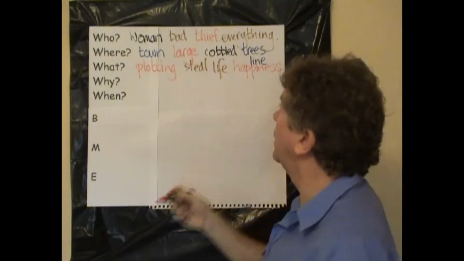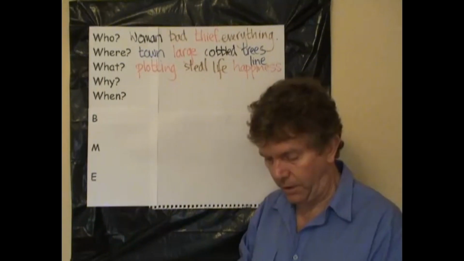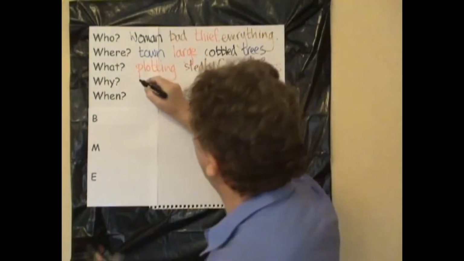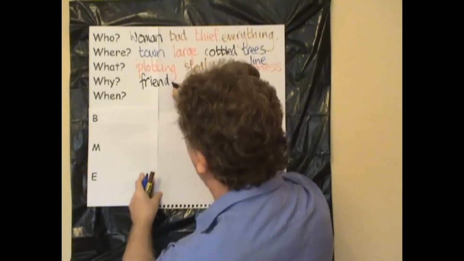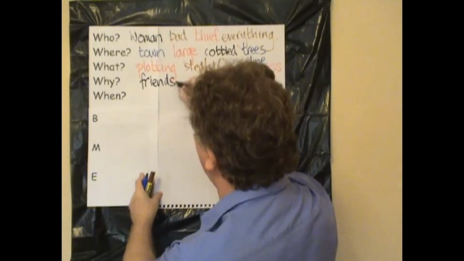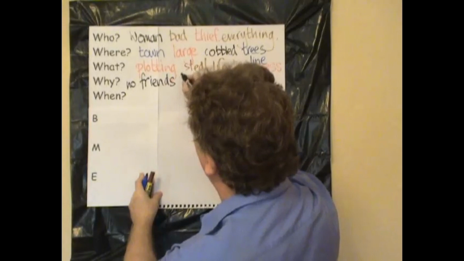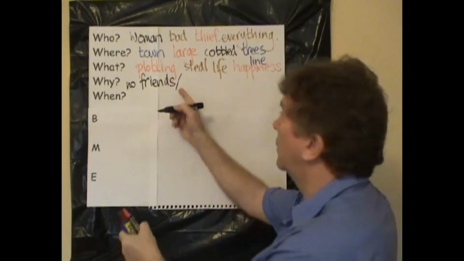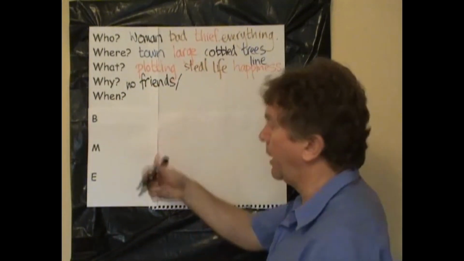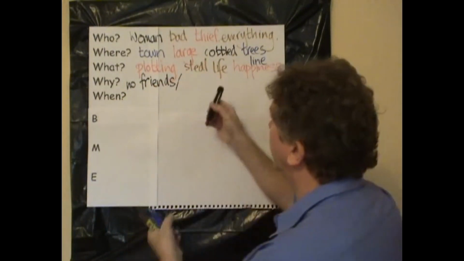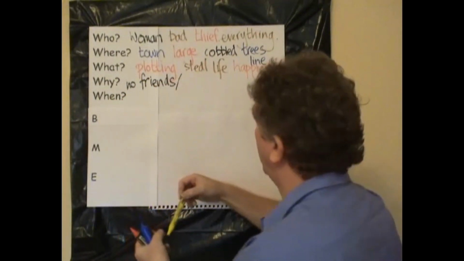She wants to steal somebody else's life, and because as a thief she's probably without friends, or perhaps with older children you would say friendless, yeah, perhaps a better way of putting it.